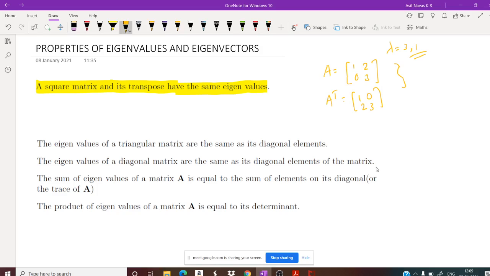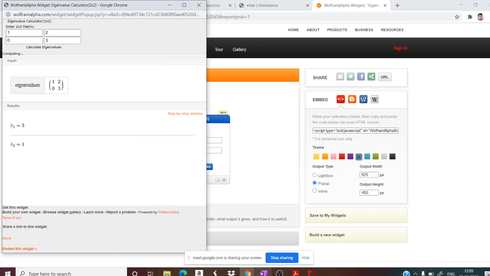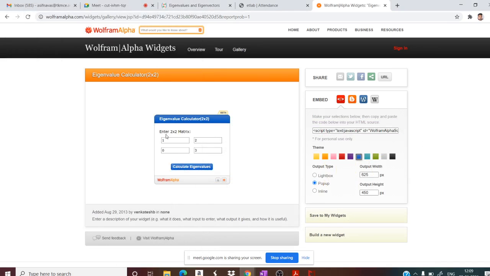Now we have to check what the eigenvalues of its transpose will be. The transpose is [1 0; 2 3]. I am calculating this.